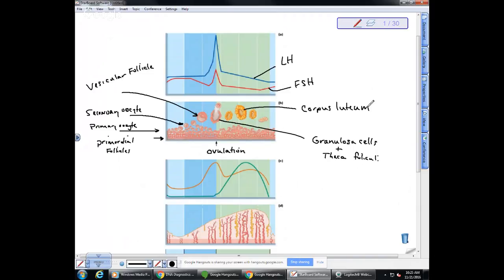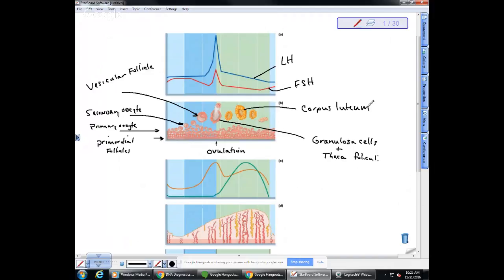So if we look down below at the hormones that are produced by the ovary, you'll notice that there is a surge in estrogen. And that surge in estrogen is due to what? So what is producing that high level of estrogen in the ovary?